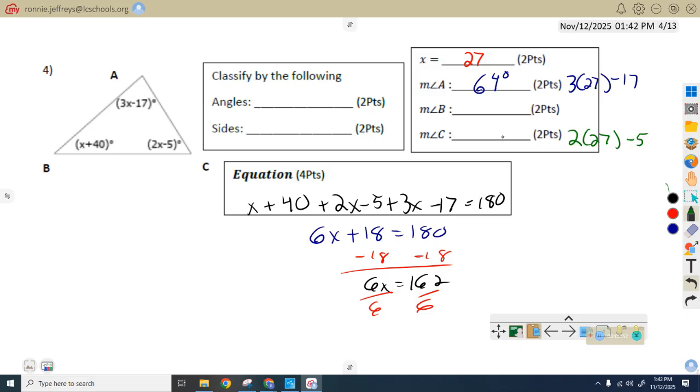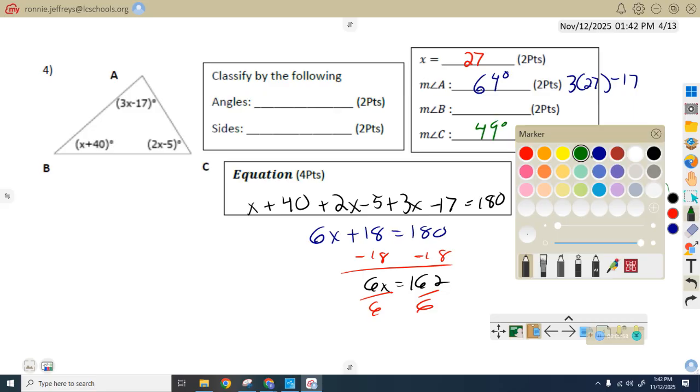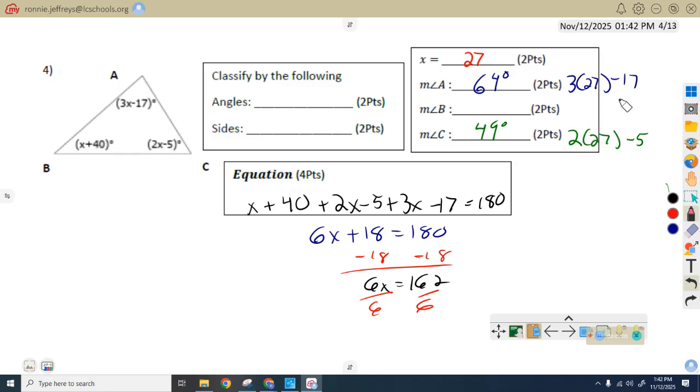Well, that's 54 minus 5. This is 49 degrees. And this would be acute and scalene.